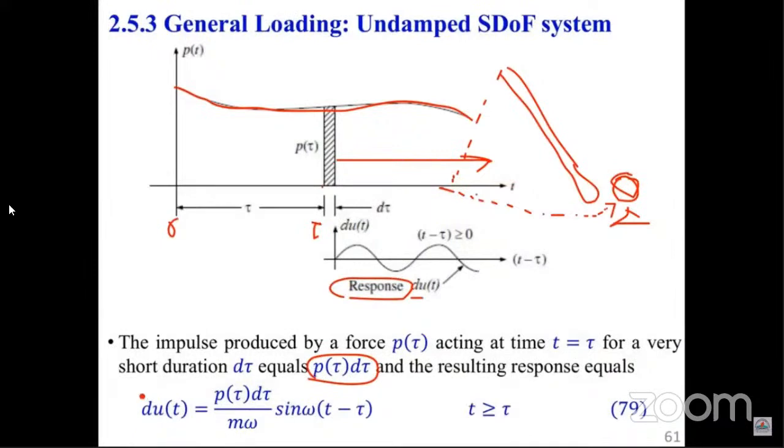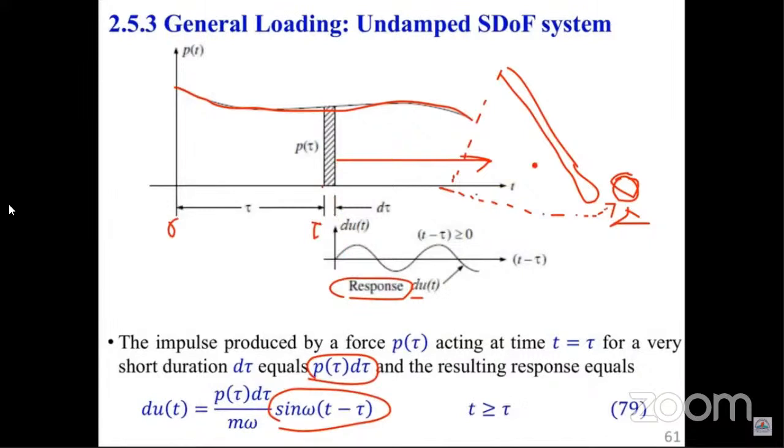This du, which I insist is not a derivative, but the response due to the momentarily applied force, is equal to this expression here. You see the motion is sinusoidal because of the applied force, and it can be expressed using this, for the case t greater than tau.